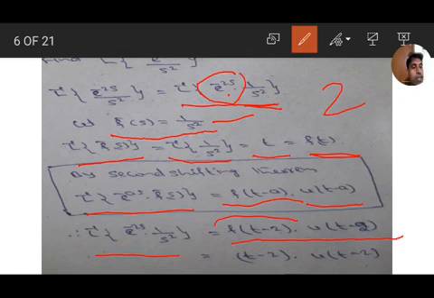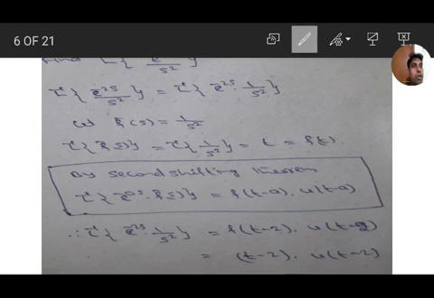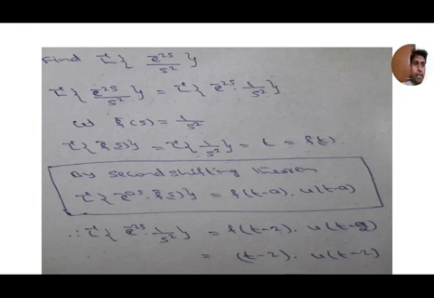Replace t by t minus 2 in f of t, we get t minus 2 into u of t minus 2, the unit step function. Go through the problem. Next we will move to the next problem.